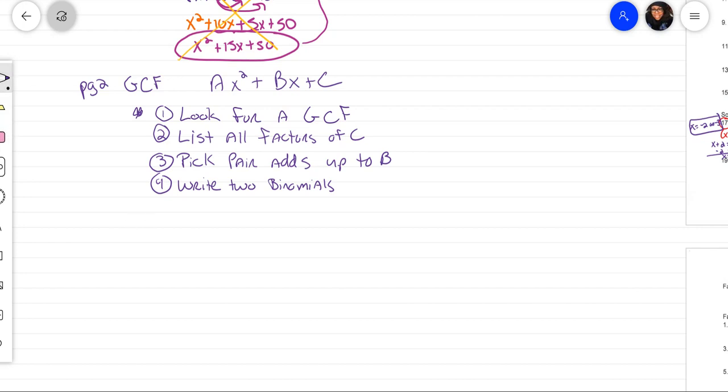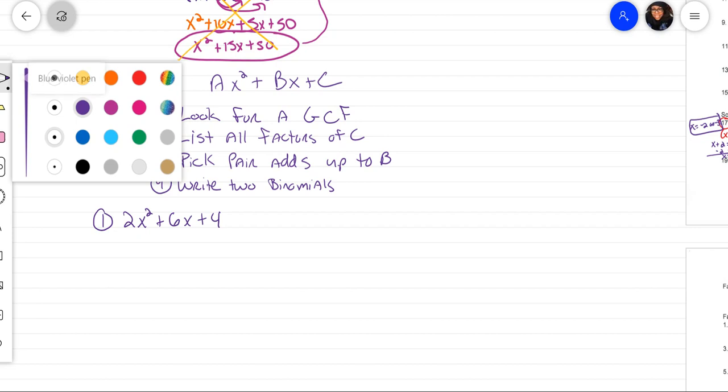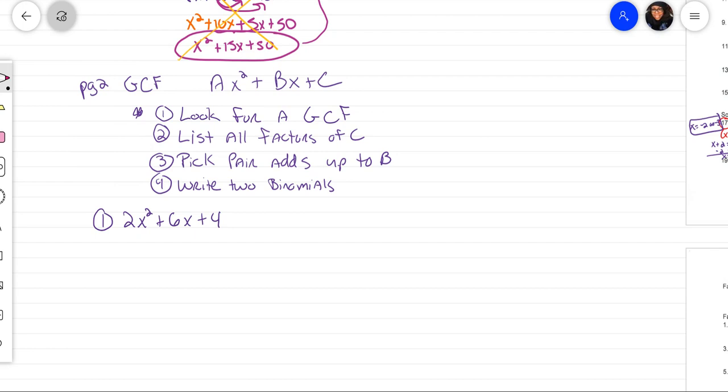The first example here was 2x squared plus 6x plus 4. So if we have a GCF, first of all, hopefully everyone knows that means greatest common factor. That means something that's common to all of the terms, or something we can divide all of the terms by.